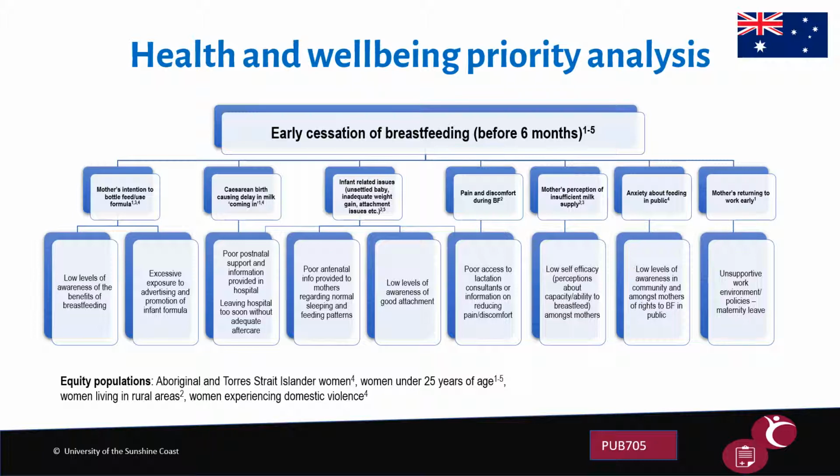So for now, I just want to quickly show you what a health and wellbeing priority analysis looks like, and we'll be working with early cessation of breastfeeding as our health issue as a case example.